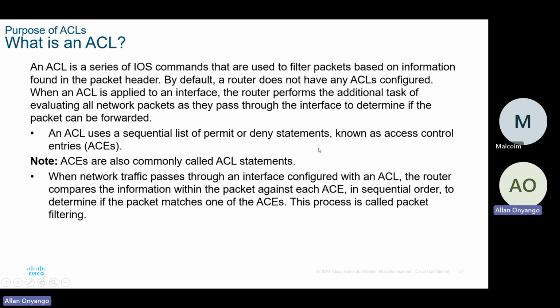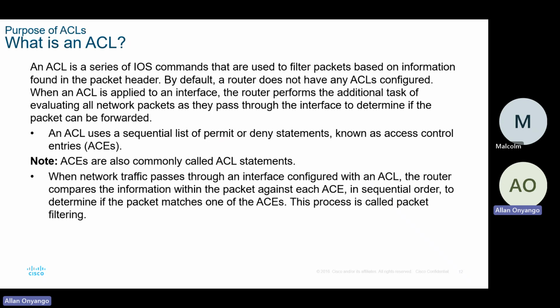So what is an ACL really? Basically, an ACL is just a series of IOS commands that we use to filter traffic based on some parameters. These parameters could include IP addresses, source and destination, MAC addresses, port numbers, and protocol services like Telnet, SSH, and so forth.